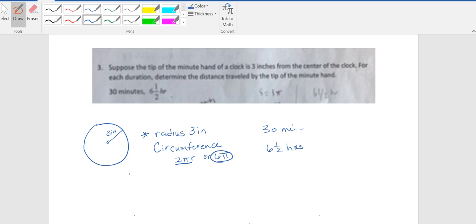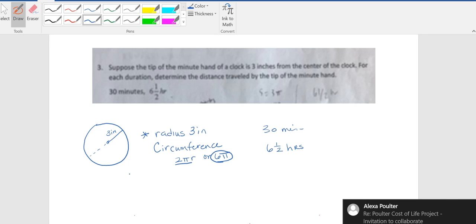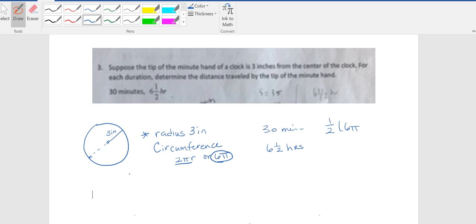So a rotation of 30 minutes, which is half an hour, will have traveled half the circle. So you take half the circumference, and that's equal to 3 pi. So that's how far it would have traveled.